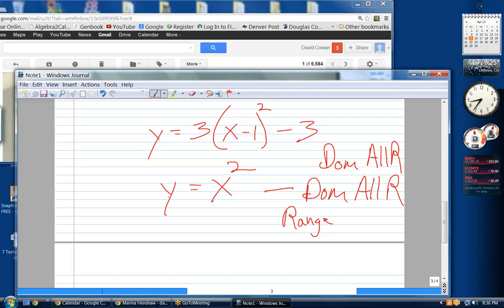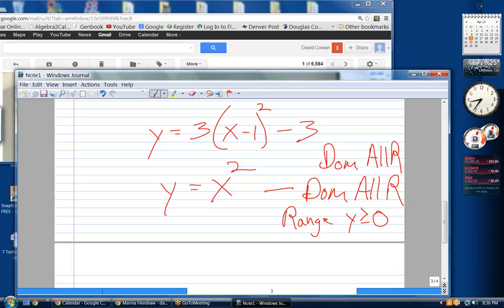Which means y is always going to be positive except when x is 0, and then it'll be 0. So the range is all y's greater than or equal to 0. So here's a function where the domain is all reals, but the range is only positive numbers.